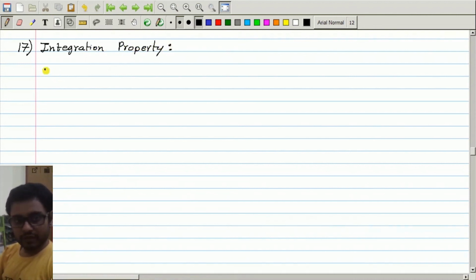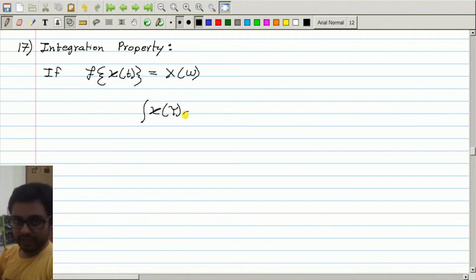Suppose that the Fourier transform of a signal x(t) is equal to capital X of omega, and now let us consider the integration of x, like this, x(tau) d tau integrated from tau equal to minus infinity to time t. You can call this a new signal y(t).